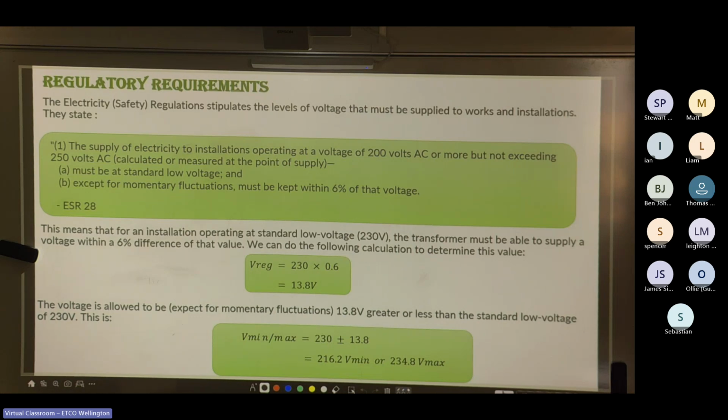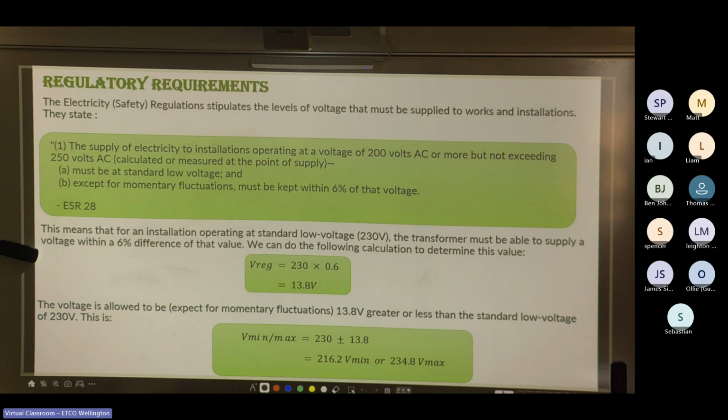So if we look at the following calculations, V regulation equals 230 times 0.06, so 13.8 volts. So the voltage allowed to be, except for momentary fluctuations, 13.8 volts greater or less than the standard low voltage of 230 volts.